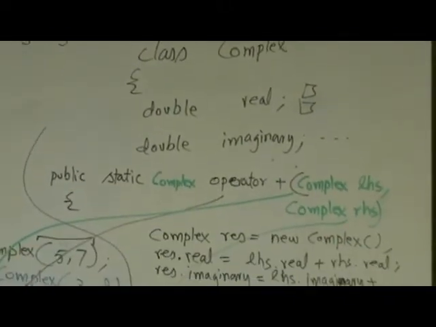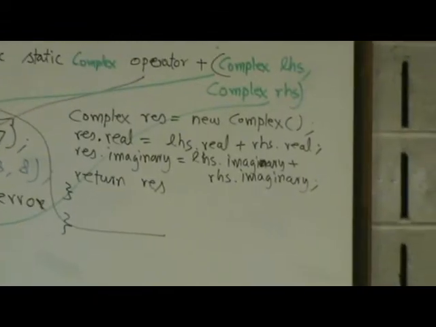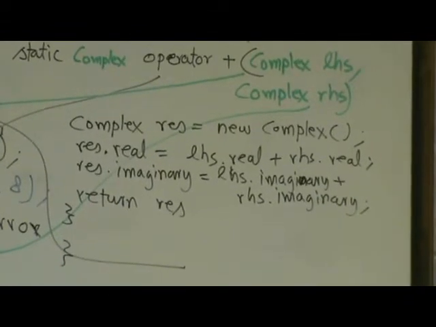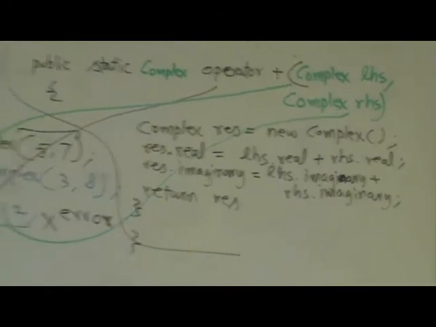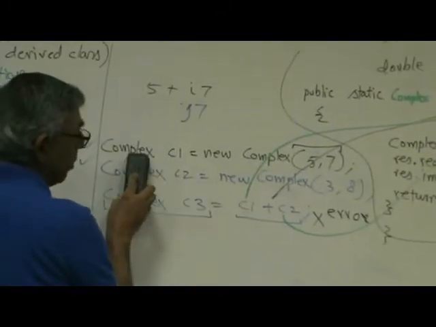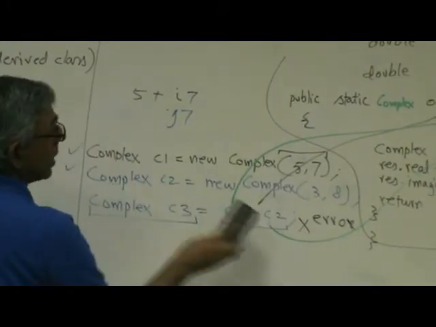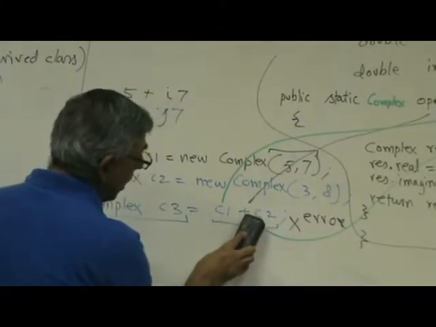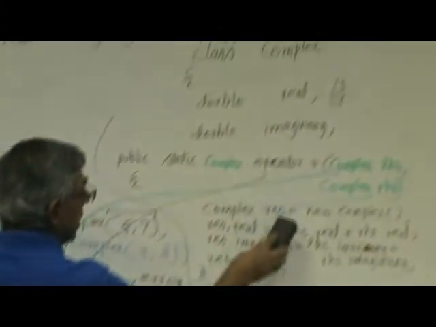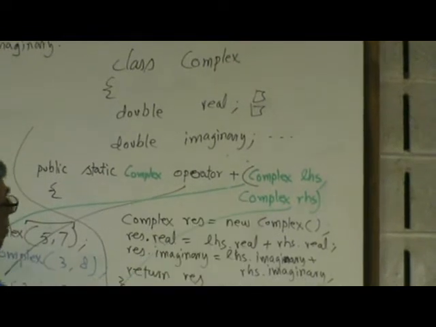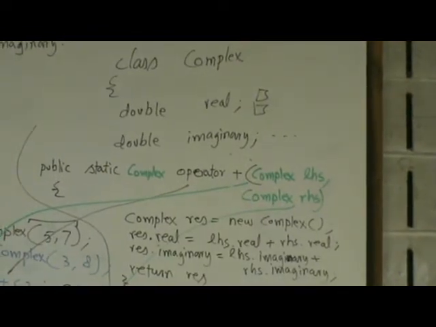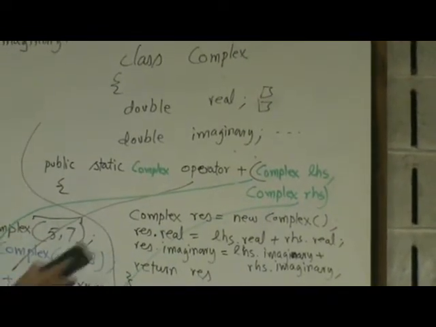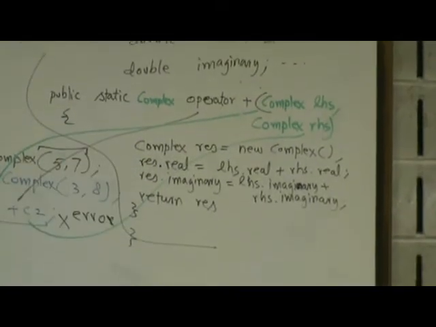Okay, so now whenever somebody writes Complex C3 equal to C1 plus C2, the compiler will check what is C1, it is Complex, what is C2, it's Complex. Then the compiler will go to the Complex class. Is there a plus defined? Yes, there's an operator plus defined. So this call will be replaced by a call to this function.